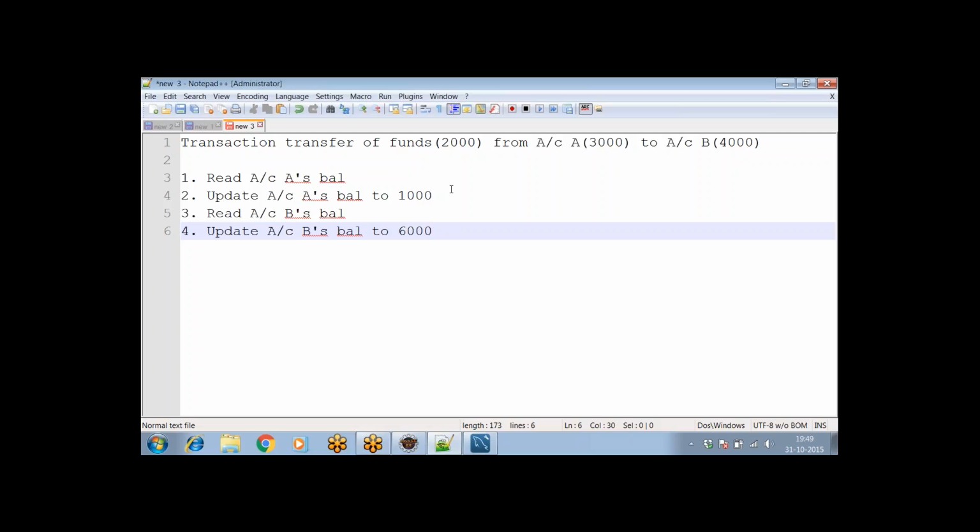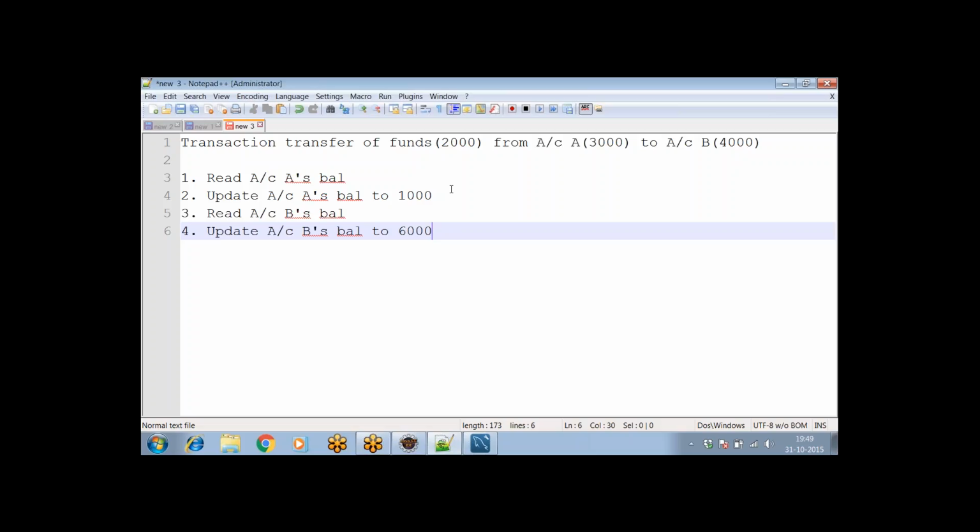Only account A's balance is updated. The amount from account A is deducted, but it was not credited to account B. That is going to be an issue.